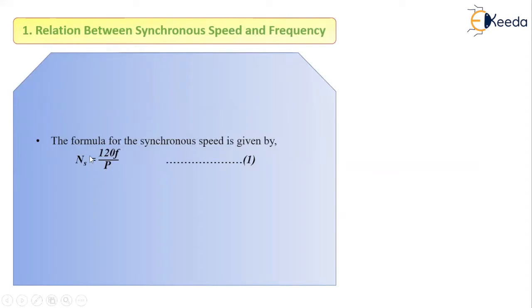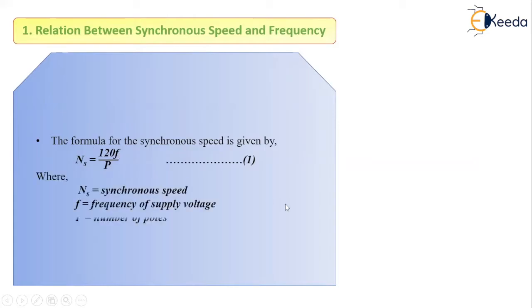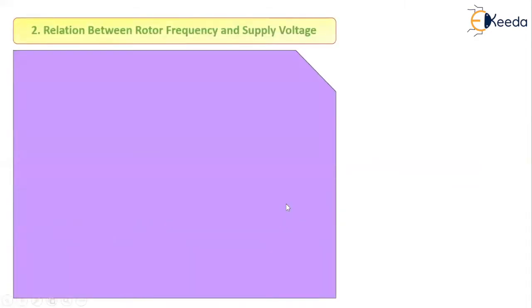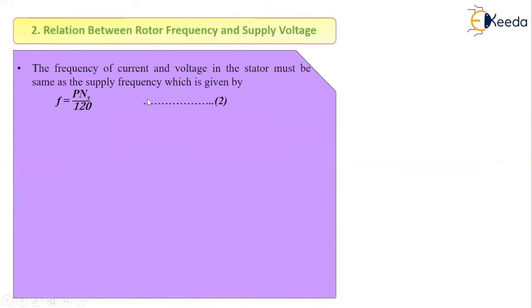We have seen that the formula of synchronous speed is Ns = 120F/P. If we rearrange this formula to find the frequency, we get F = P Ns / 120. So this is the formula for the frequency of the supply. Let it be equation number 2.